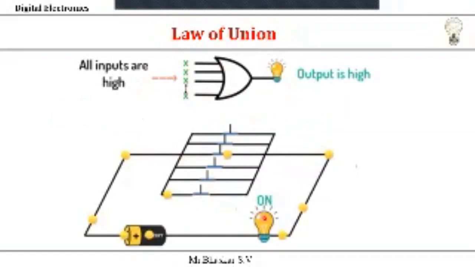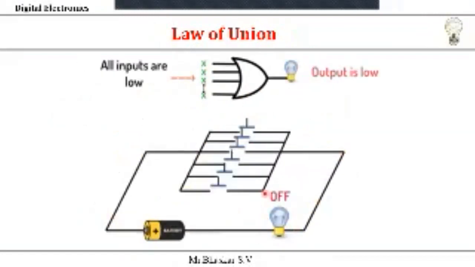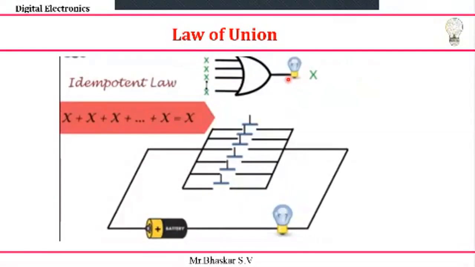If all the inputs are 0 0 0, all the switches are open, so the output is low. It totally depends upon the input value. So taking the input value as x, my output is definitely x only. That's why x plus x up to n terms of x gives the value x only. It is called the idempotent law.